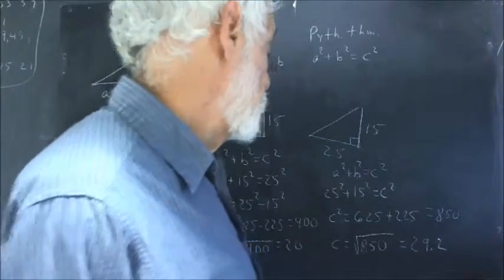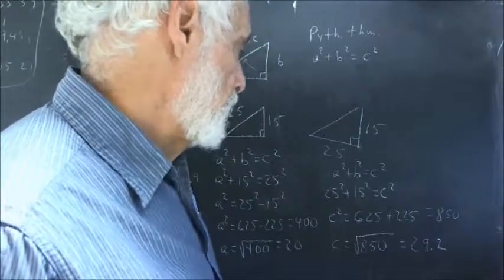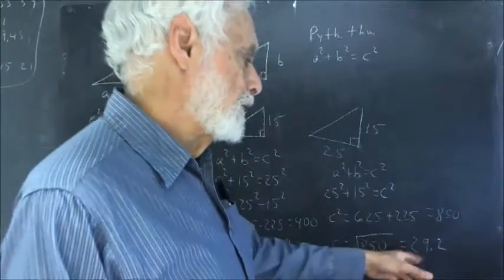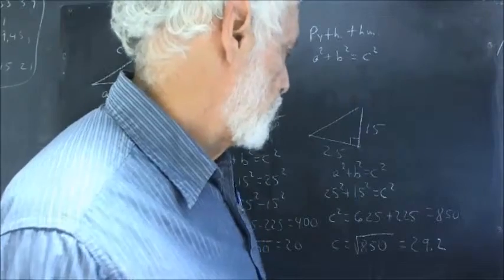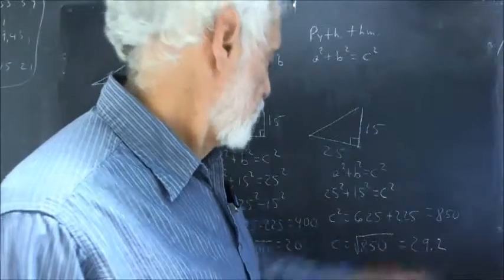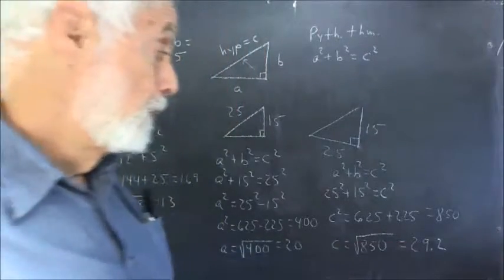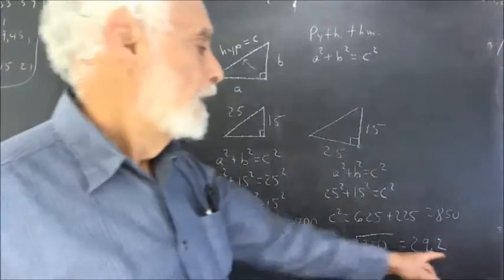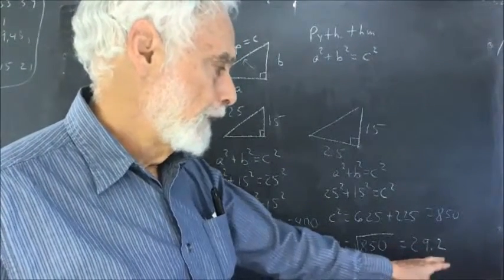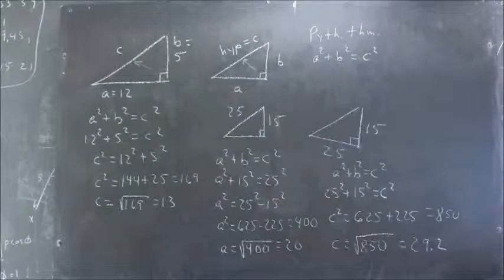That adds up to 850. So C is the square root of 850, and that comes out somewhere close to 29 1/6, which would round off to 29.2. And you can use your calculator to see what that comes out to more accurately if you need it. Okay, if you only need a 3 significant figure answer, to the tenth, then this is a perfectly good result.